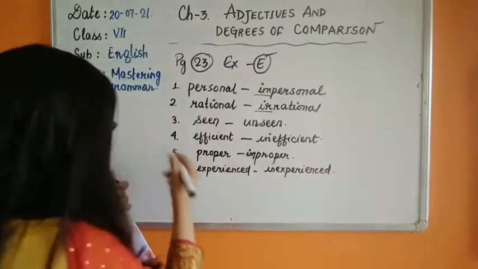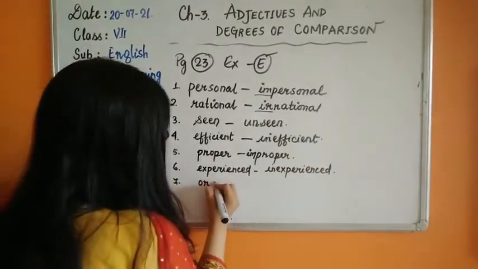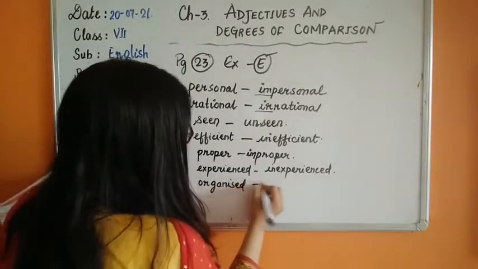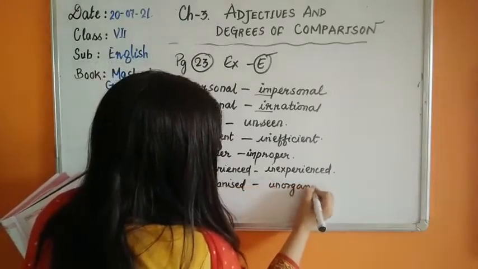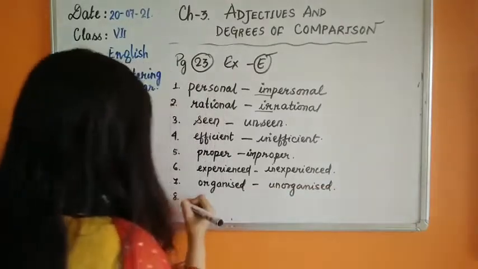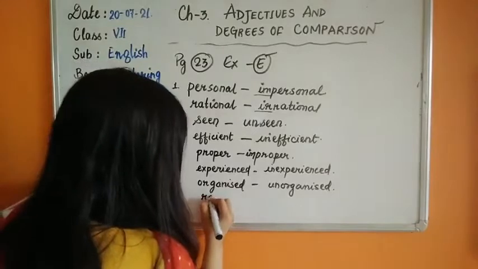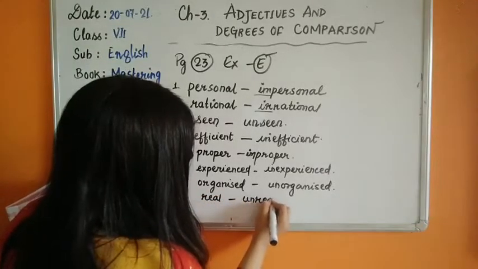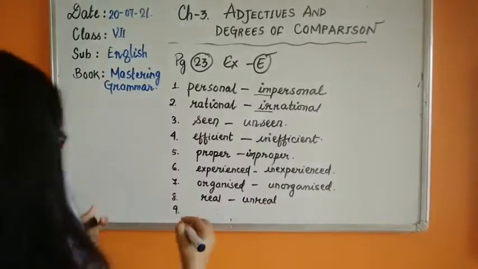Number 7, organized. Unorganized. Okay. Number 8, real. Unreal. Number 9, disciplined.